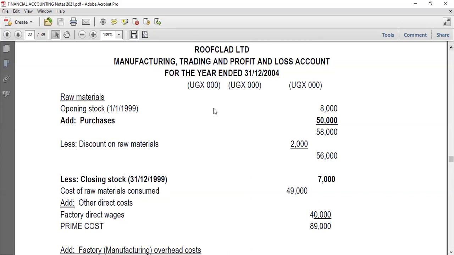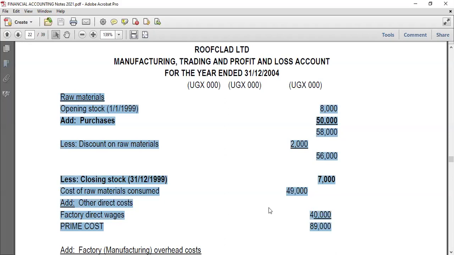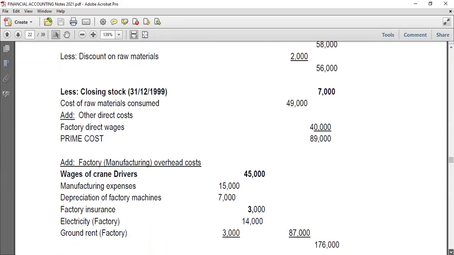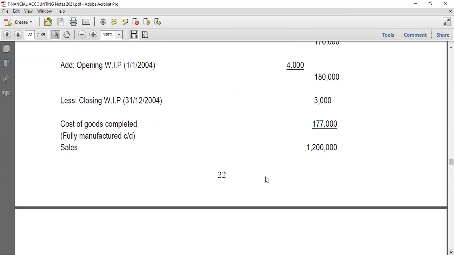It starts from here up to the point of getting the cost of goods completed, or the cost of goods fully manufactured, okay?